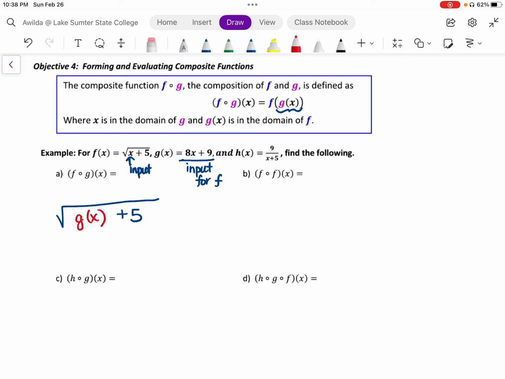Okay, so now we have the square root of 8x plus 9 and then plus 5. And of course, we can simplify this a little better and write this as the square root of 8x plus 14. So again, 8x plus 9 is the new input. Instead of x, we have the entire g of x feeding into the rule for f.